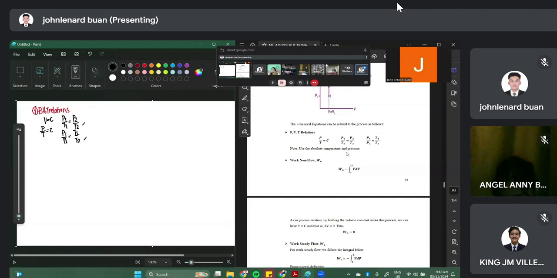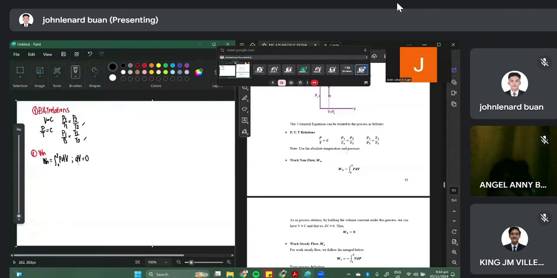Alright? Okay. So let's proceed with work non-flow, or let's use the symbol W subscript n. So from the equation, Wn is equal to the integral of PdV from 1 to 2. Now, the process is constant volume, therefore our dV here is equal to 0.